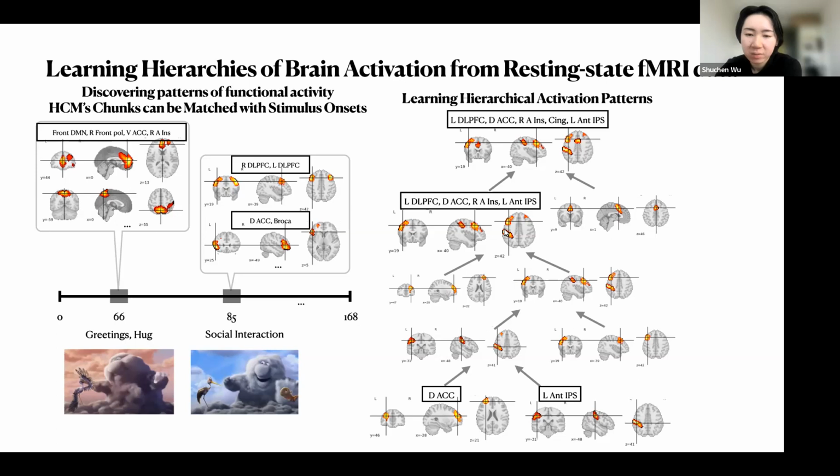So in summary, we can use this method to discover nested networks of brain activation patterns. I was quite excited about that, and I hope this algorithm can help neuroscientists discover the network of brain activities, so that we can better understand ourselves.